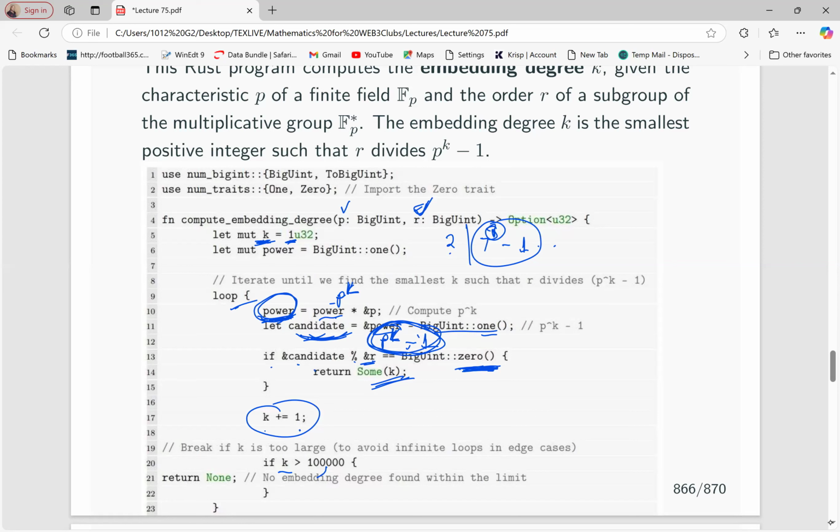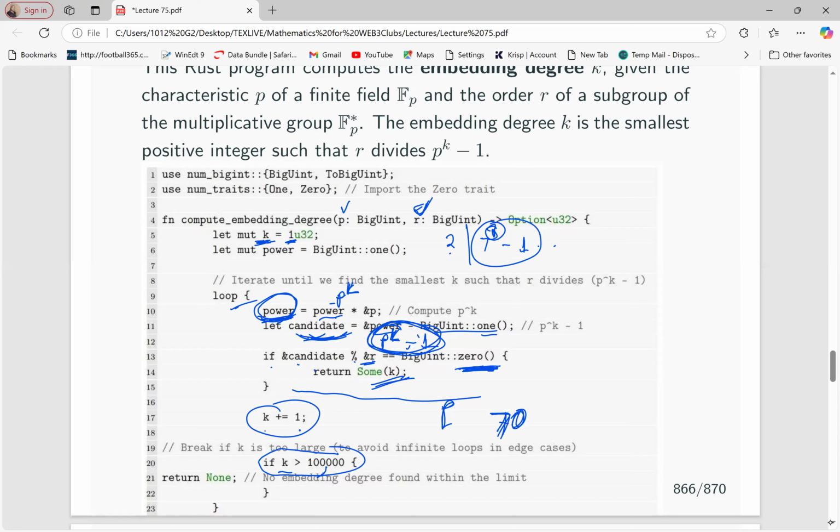Even when you try bigger numbers, like the prime used for Bitcoin, which is very huge, you'll find its embedding degree is just around 70. However big the number you're using is, you cannot have an embedding degree beyond 100,000.